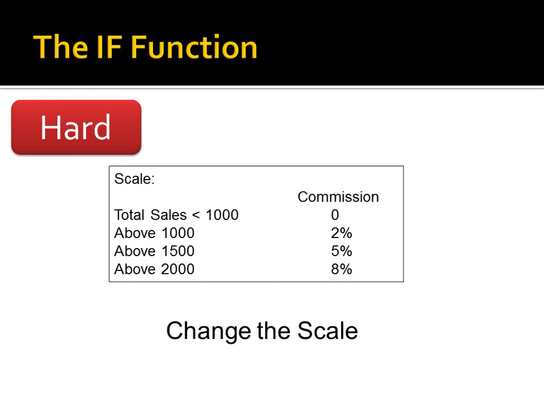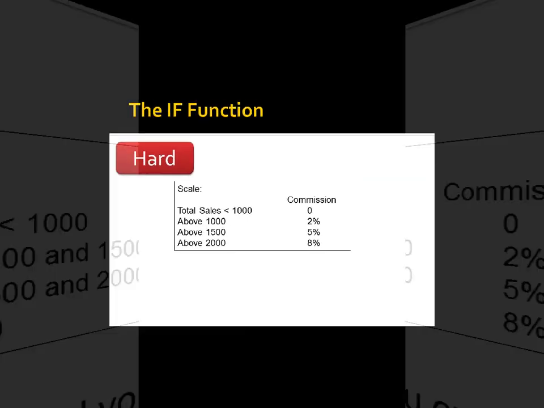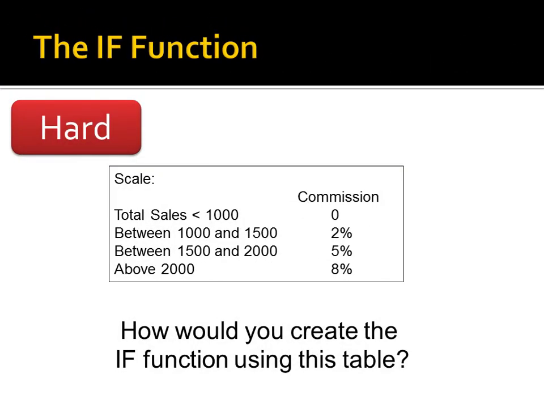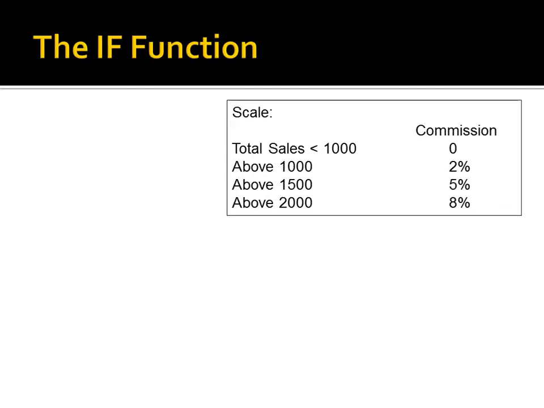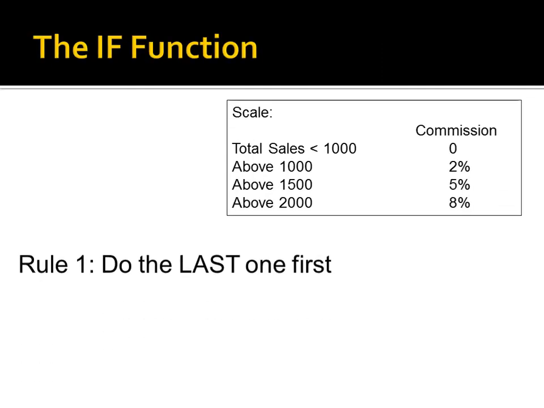And if his sales are above 2,000, he gets 8% of his total sales. So changing the chart from this using the words between to this using the word above, it's going to be so much easier. Let me put this chart in the upper right corner here, and let me talk to you about this.